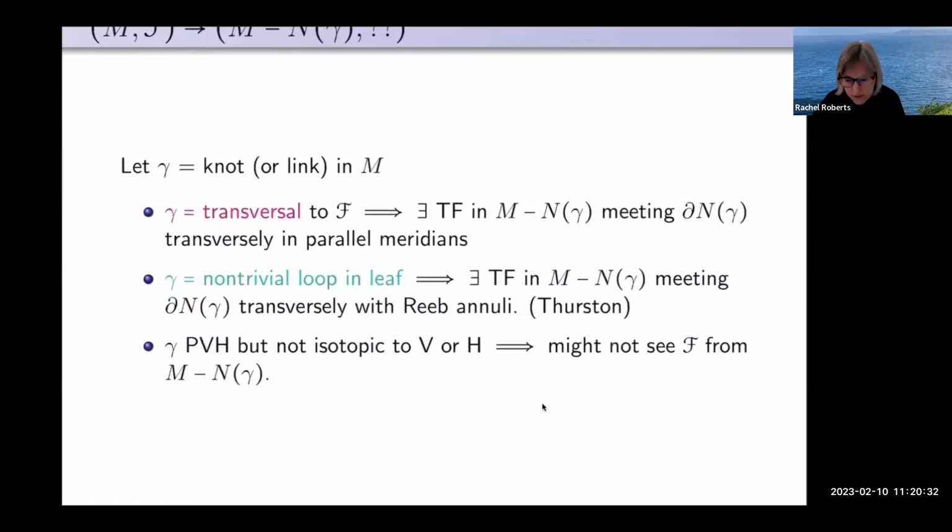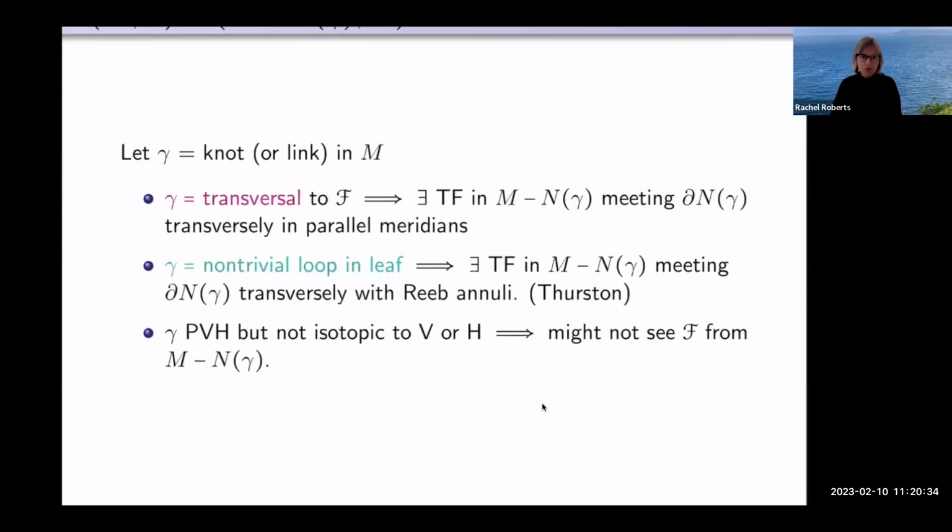But if you just think about drilling out some arbitrary knot, you can insist that it be piecewise vertical and horizontal. So it lies alternately horizontally and then vertically. So it can be subdivided into little segments that lie in a leaf, transverse to a leaf, in a leaf, transverse to a leaf. You can insist that you've got the smallest such subdivision or concatenation. But in this case, you might not see the foliation from M minus the neighborhood of gamma.